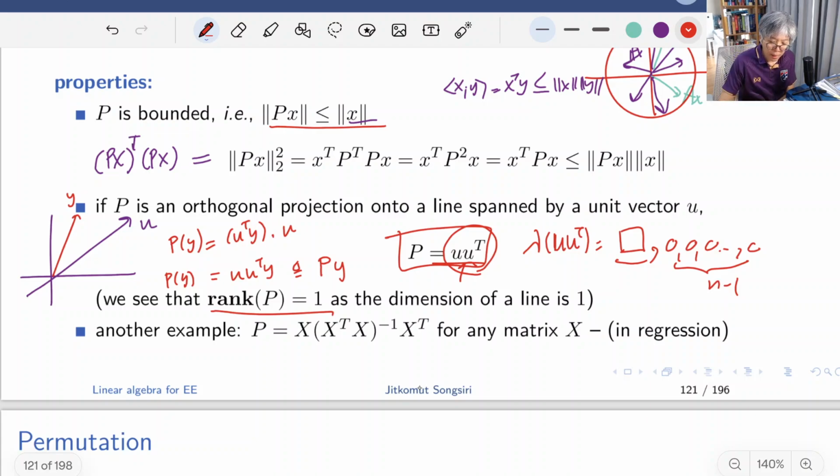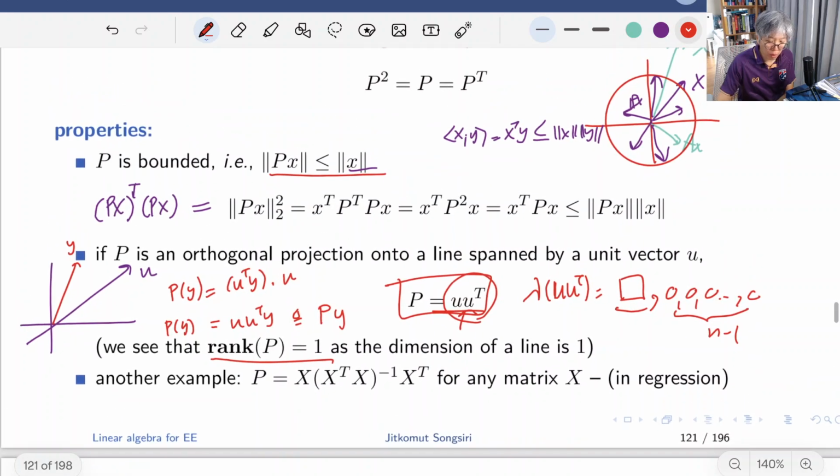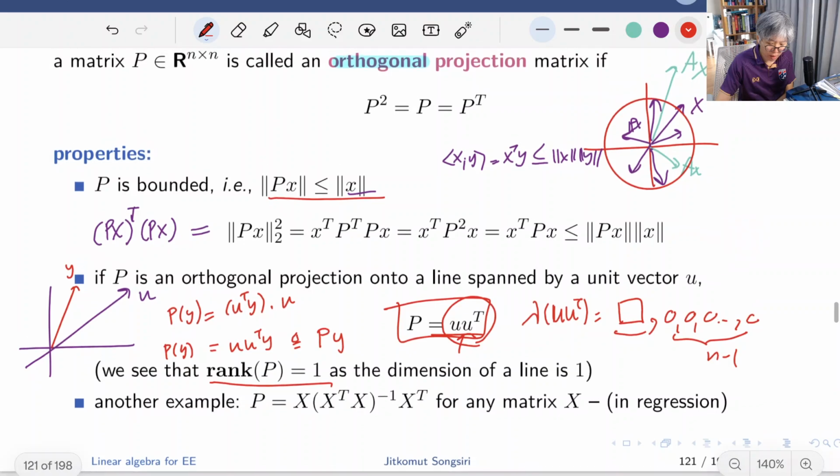An example of an orthogonal projection matrix is this one. You can quickly check that P squared equals P and it is also symmetric. What's the meaning of this in the regression sense?